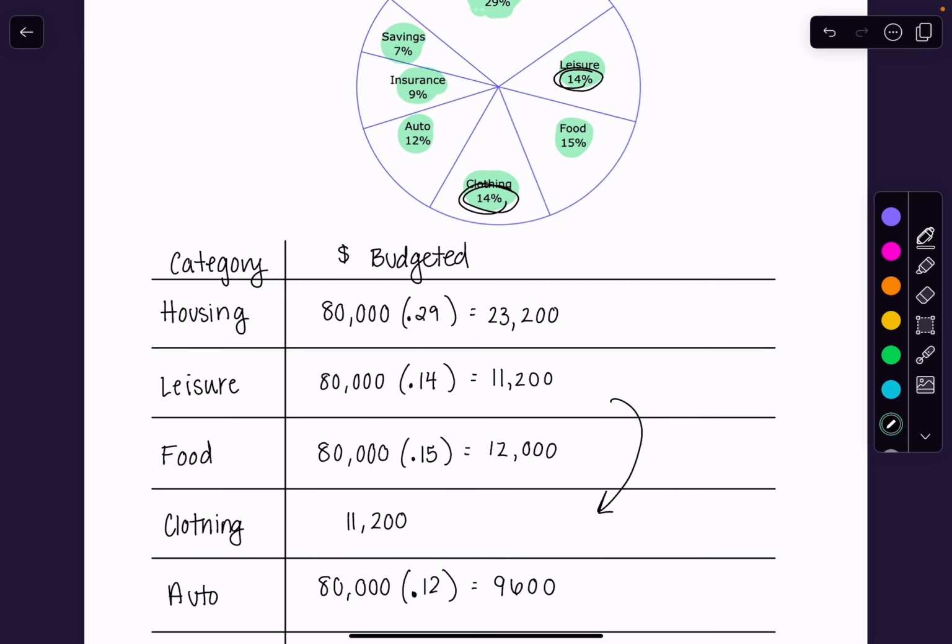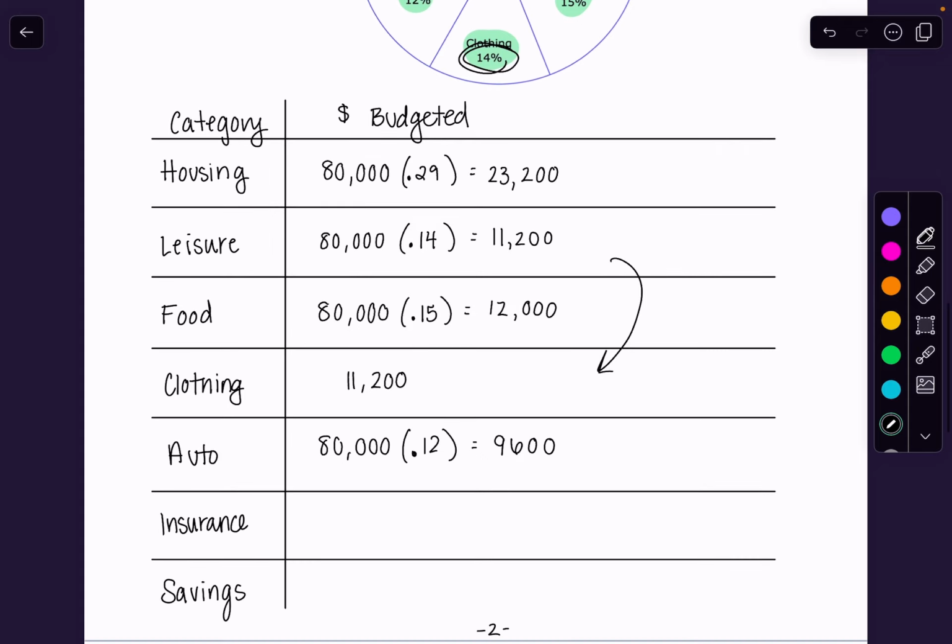For insurance and savings, now you just have to be a little bit careful because these are 7 and 9%. So just to zoom in a little bit. Starting with insurance, that would be 9%. So as a decimal, when you move that twice to the left, 9% is 0.09 in decimal form.